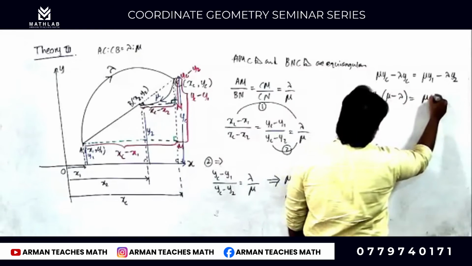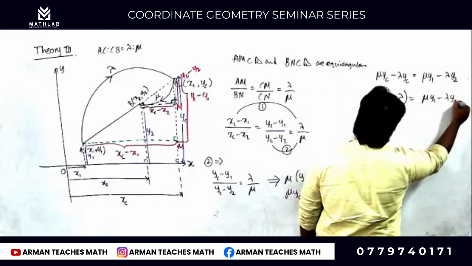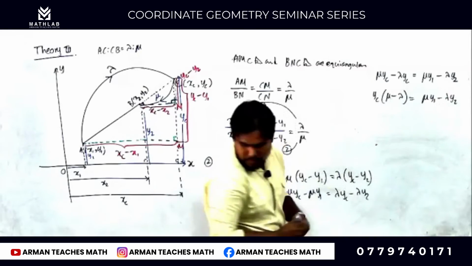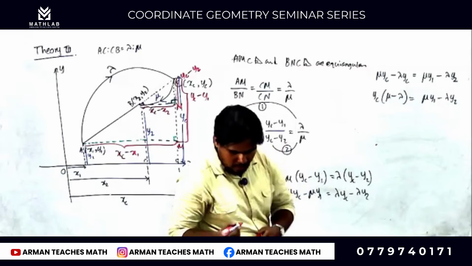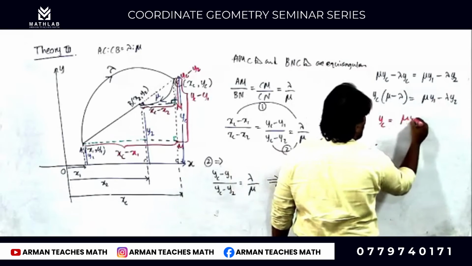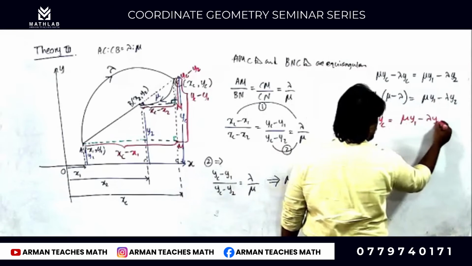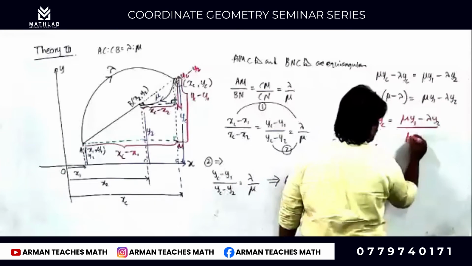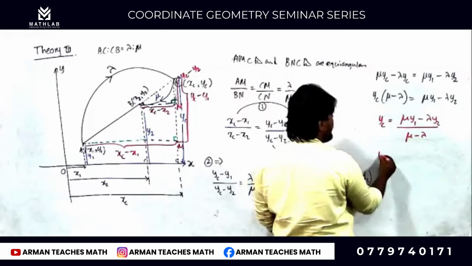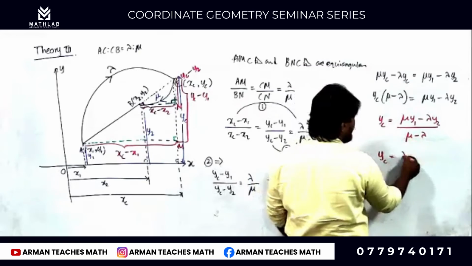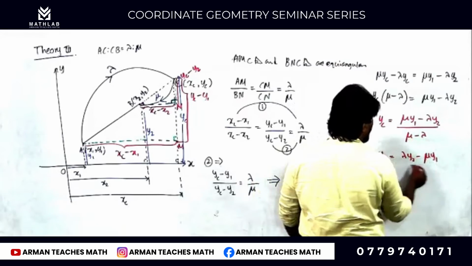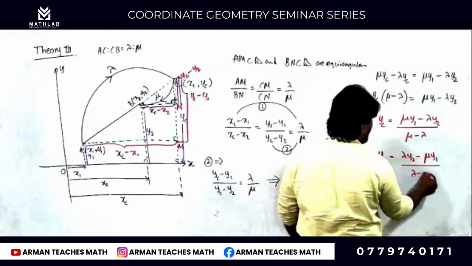This is equal to mu y1 minus lambda y2. Divide both sides by mu minus lambda, so you get yc equal to mu y1 minus lambda y2 divided by mu minus lambda. So if we take the minus sign from both numerator and denominator, we get yc equal to lambda y2 minus mu y1 divided by lambda minus mu.